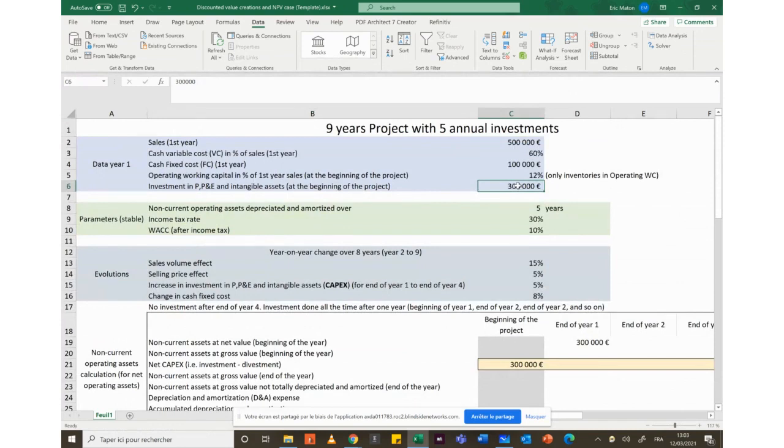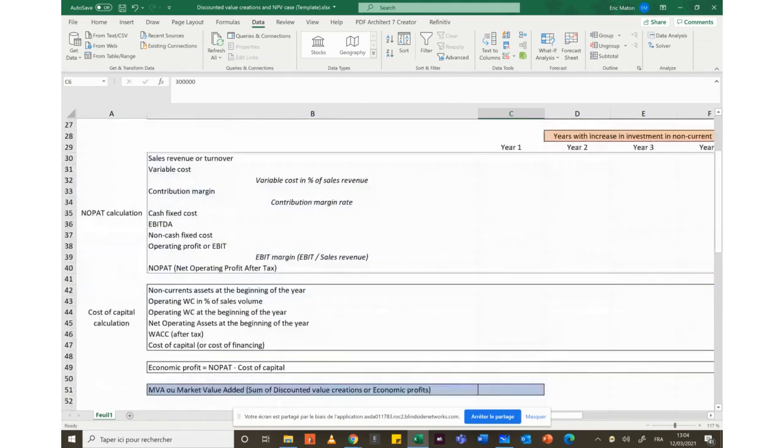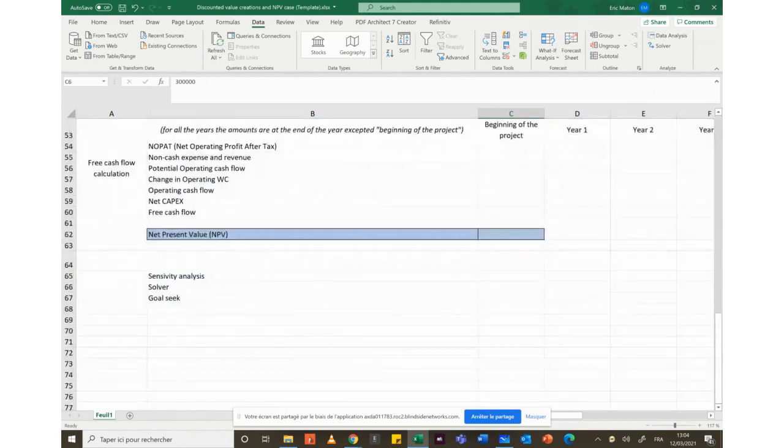Or we expect an NPV of 1 million by changing the sales volume. What is the needed sales volume in order to reach a target NPV of 1 million, for instance? So many things about the use of Excel and the creation of a financial model. This is the first kind of homework you can take in a group of two people.